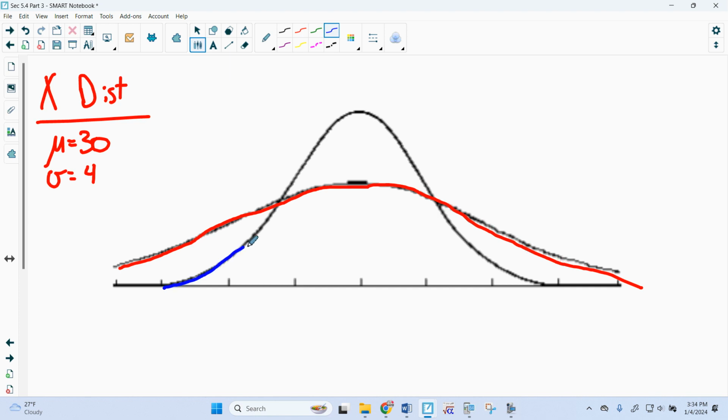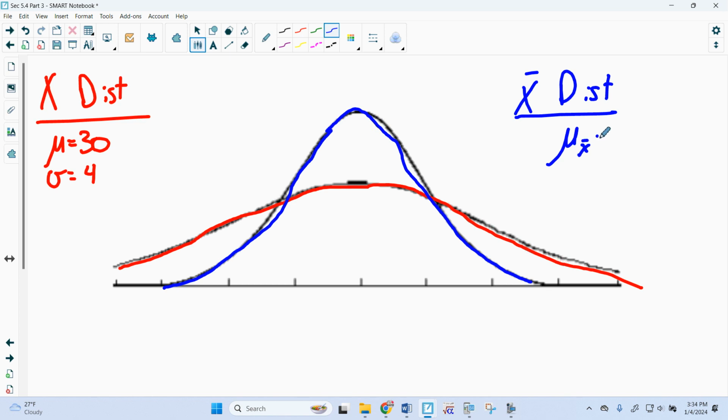If this in blue is our x bar distribution, you'll notice this is still 30, but our standard error is 4 divided by the square root of 20. And remember, a sampling distribution, an x bar distribution, is based on the sample size.